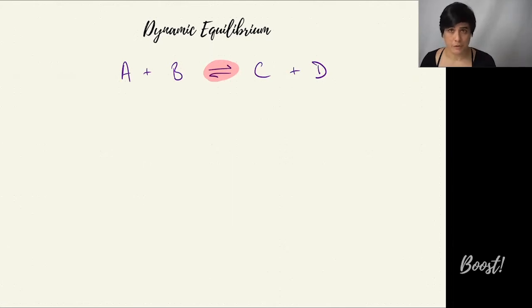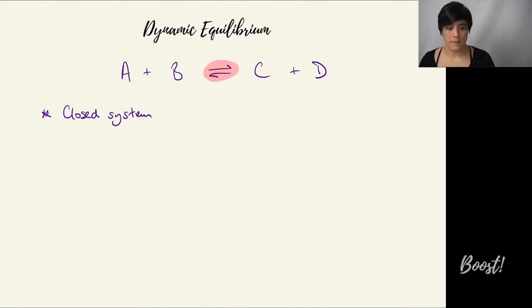In order for a reaction to reach a dynamic equilibrium, a couple of things need to be the case. And the first thing is that you need to have your reactants and products in a closed system. What that means is that your reactants and products are not able to escape and you're not adding anything new in.